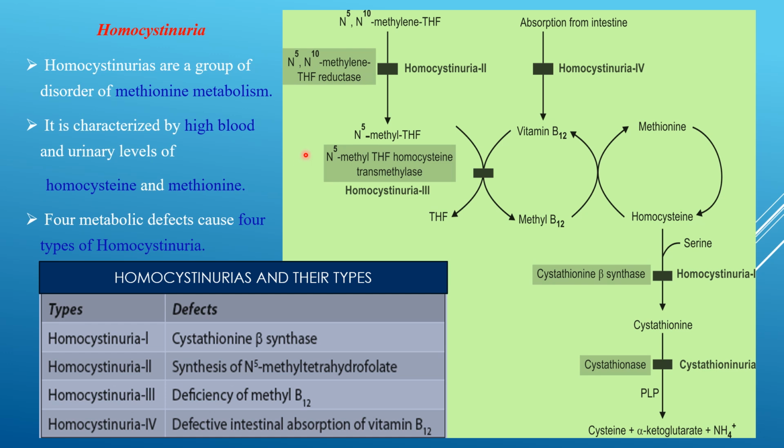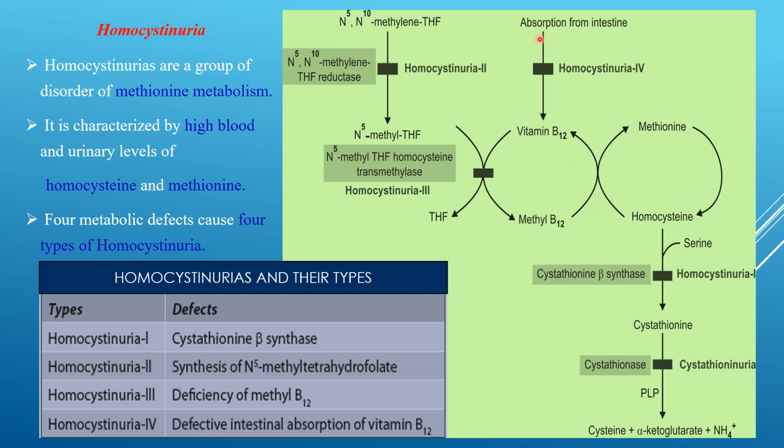If this enzyme is blocked or defective, or if there is a deficiency of tetrahydrofolic acid or vitamin B12, all of these will block the conversion of homocysteine to methionine. The result will be an elevated concentration of homocysteine in the blood and urine.